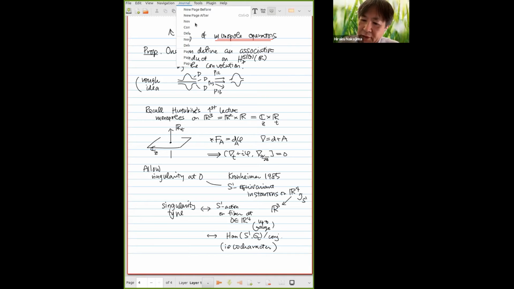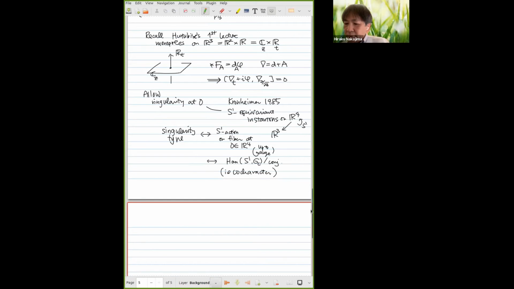And this appears, for example, in the definition of the Hecke correspondence in geometric Satake and geometric Langlands.